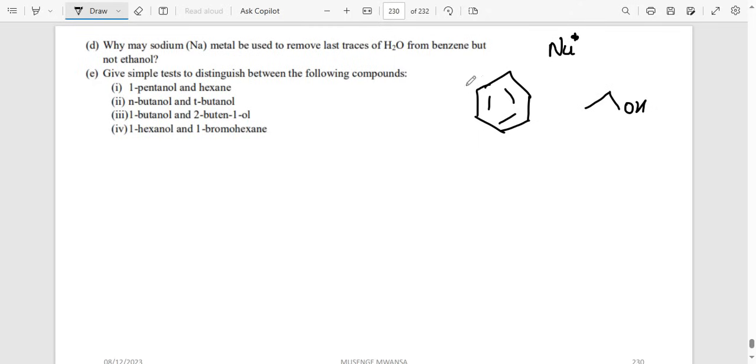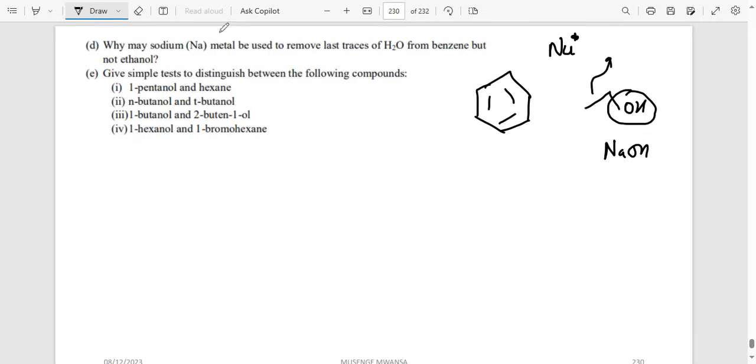So what happens is this: ethanol has got a hydroxide group, so unlike benzene, it will be able to form hydrogen bonds and end up dissolving the sodium instead of it being able to form sodium hydroxide. Instead of it being able to grab the hydroxide here to form sodium hydroxide and then evaporate the gas, it will form hydrogen bonds with the sodium hydroxide.